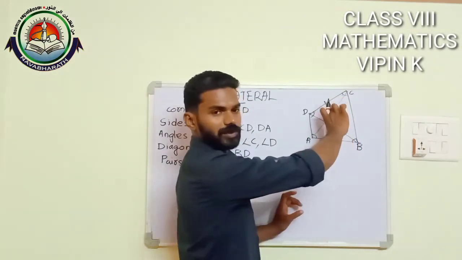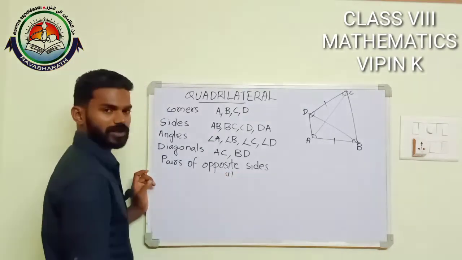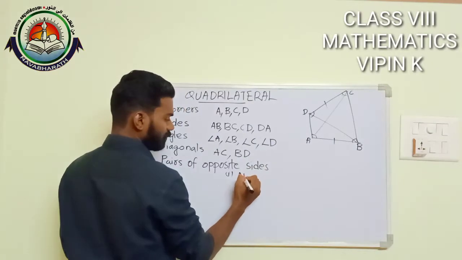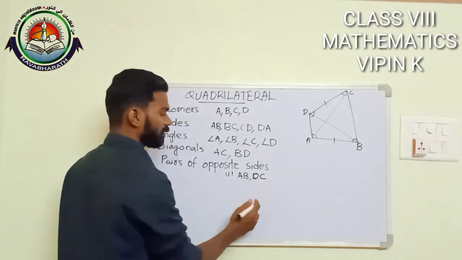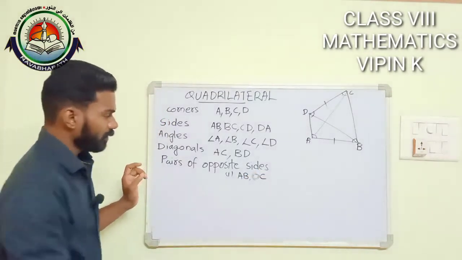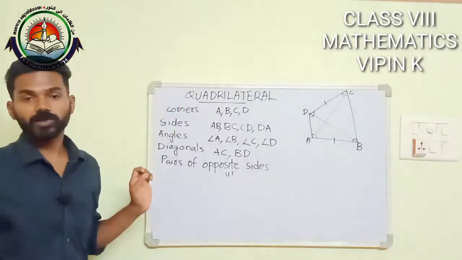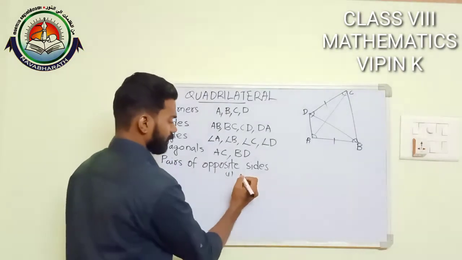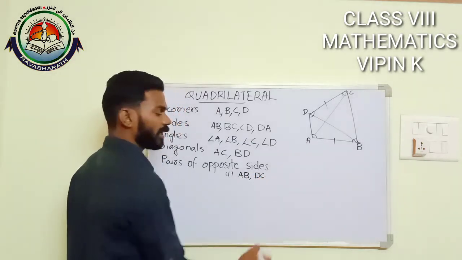So one pair of opposite sides is AB, DC.